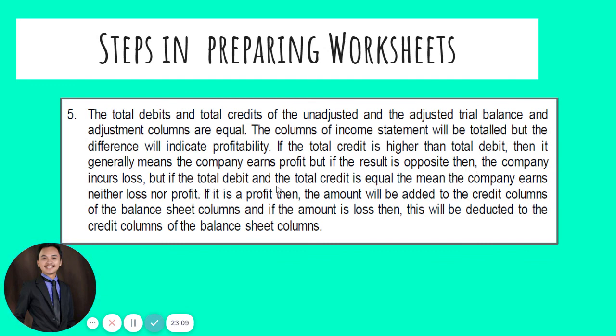But if the total debit and total credit are equal, that means the company earns neither loss nor profit. If it's a profit, then the amount will be added to the credit columns of the balance sheet columns, and if the amount is a loss, then this will be deducted from the credit columns of the balance sheet columns.